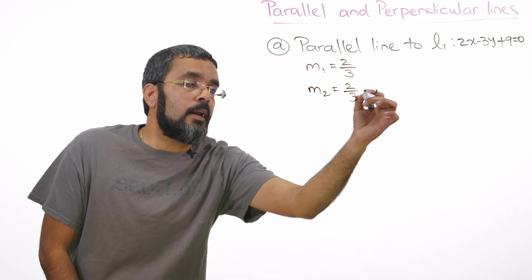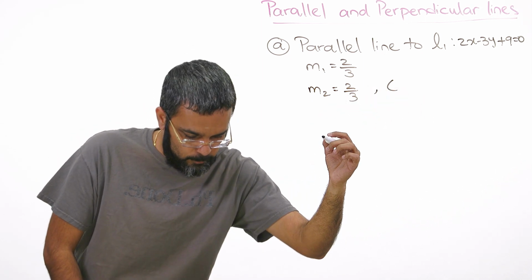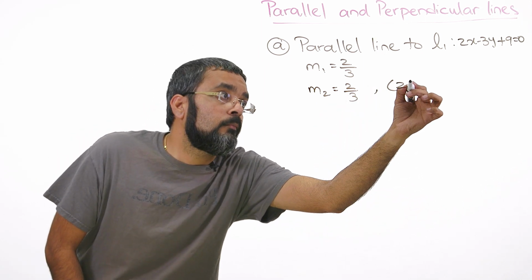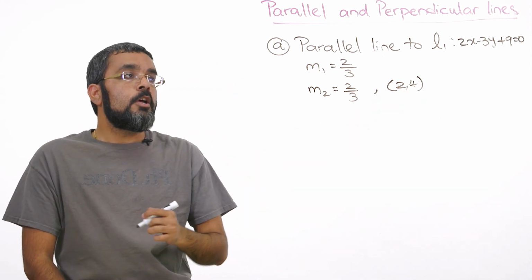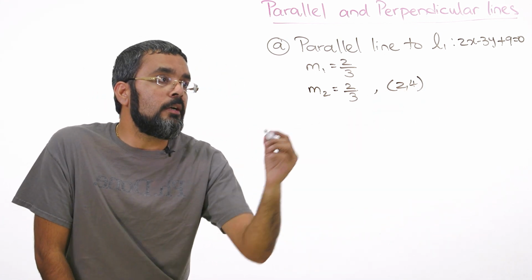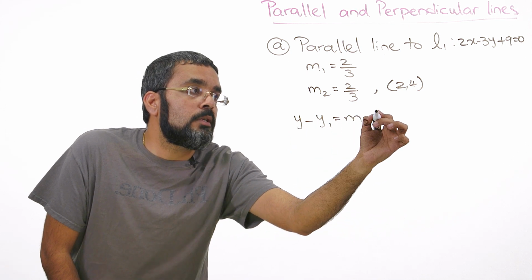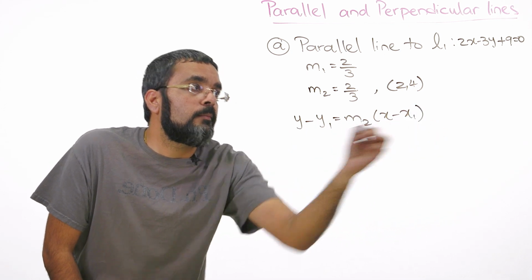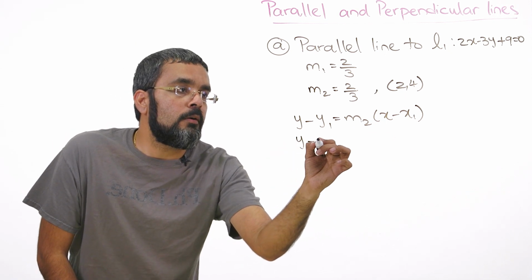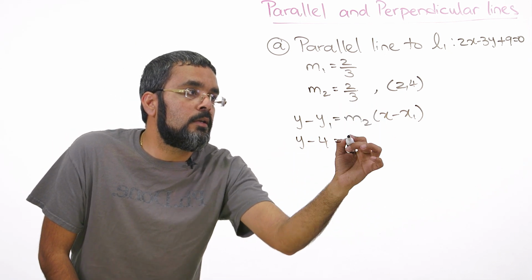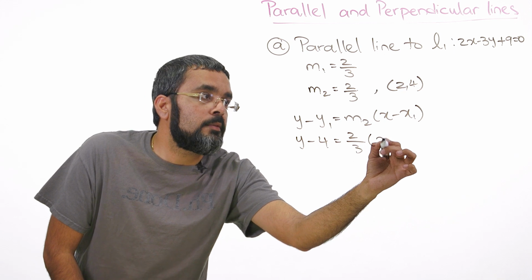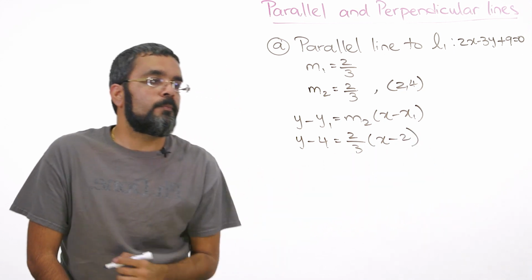And we know that that line has to pass through the point (2, 4). So I can use my point-slope equation, y minus y1 equals m2 times x minus x1. So I have y minus 4 equals 2/3 times x minus 2.